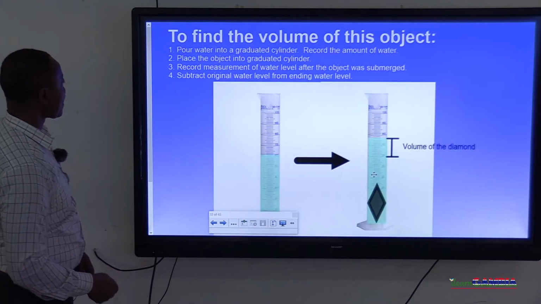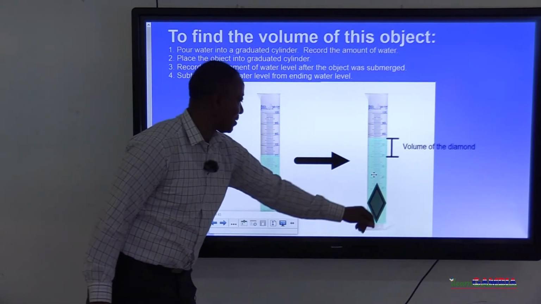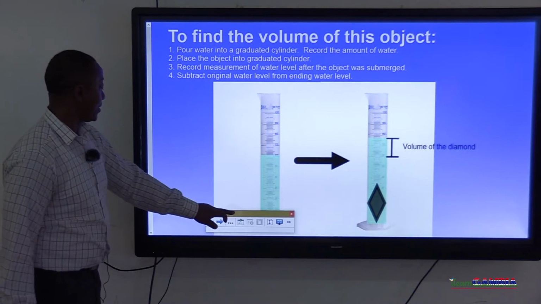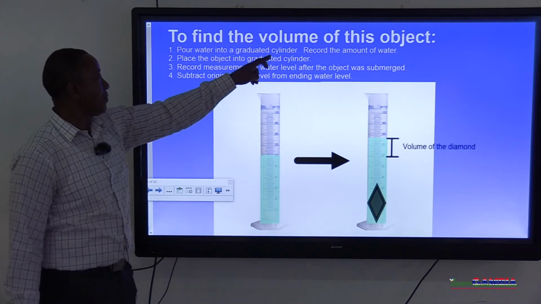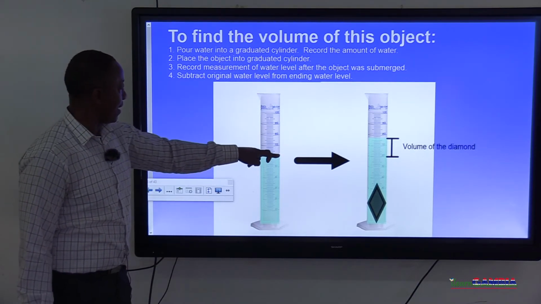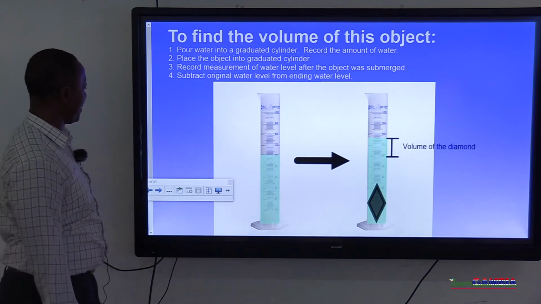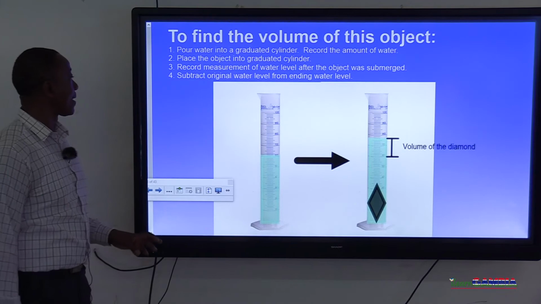So to find the volume of this object, we have something that is shaped like a diamond. We said you're using the measuring cylinder. It says pour water into a graduated cylinder. Record the amount of water. Okay, so here, the first time the water stopped here. Place the object into the graduated cylinder.